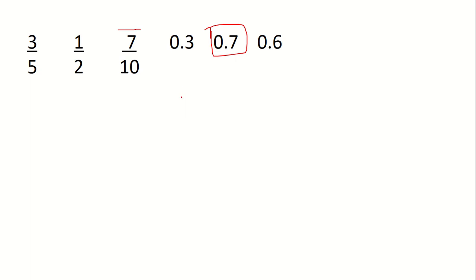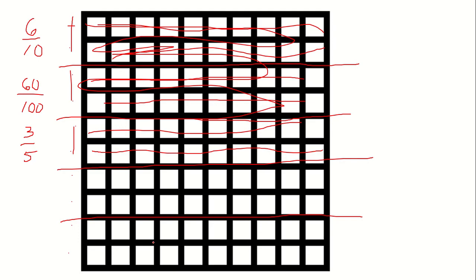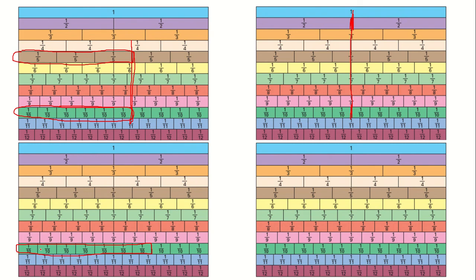So if we look at our 7/10 and we look down here, it's exactly the way we say it. So if we look at this one, 7 of these tenth pieces, we can write like this, or we can write it the way we say it, 0.7, and it would be written like that, or 7/10.